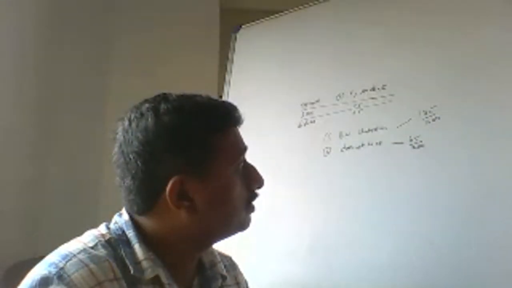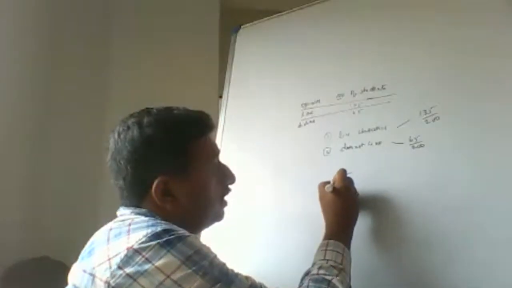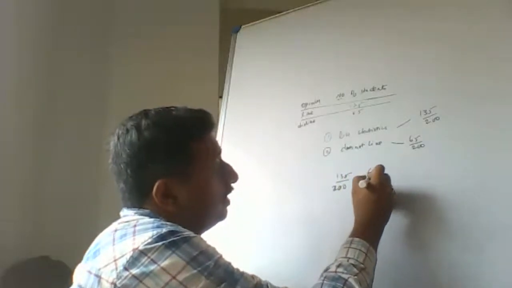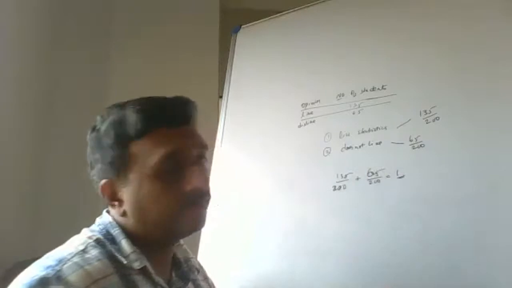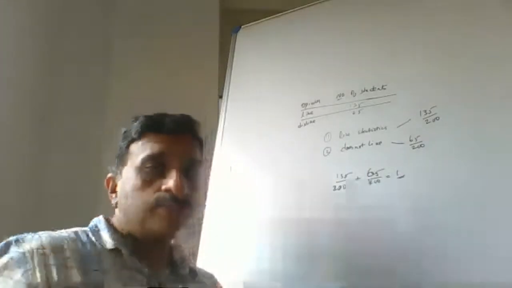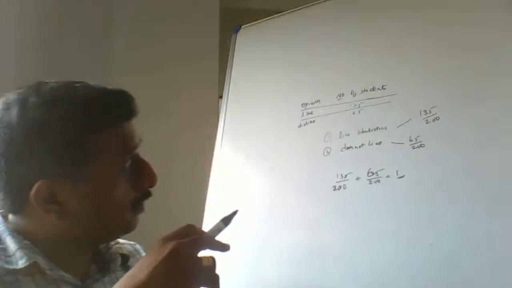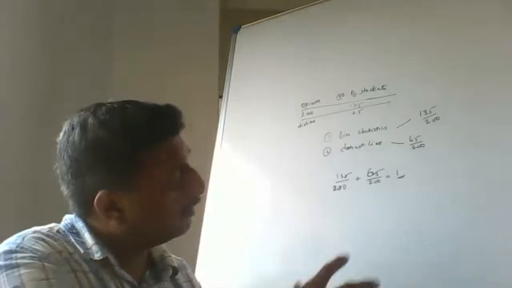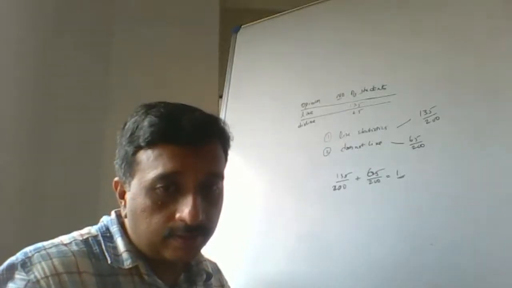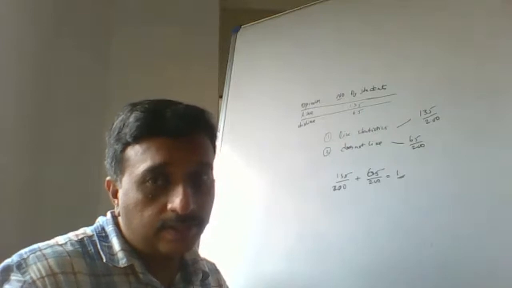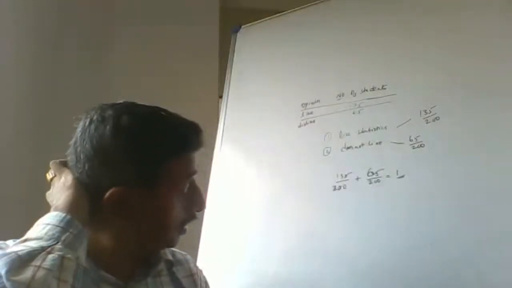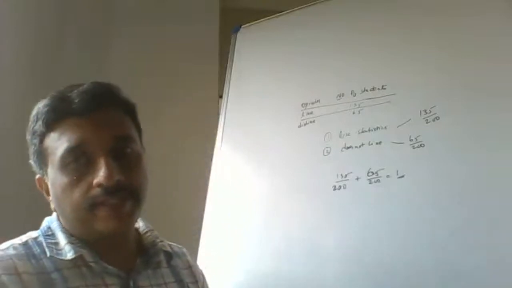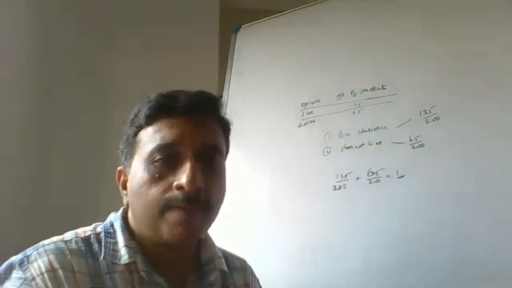If you add these results, 135 by 200 plus 65 divided by 200, it results in 1. All I want to say is that the end results you get, whether it is an event occurring or not occurring, that is an event. We will further see some more problems.